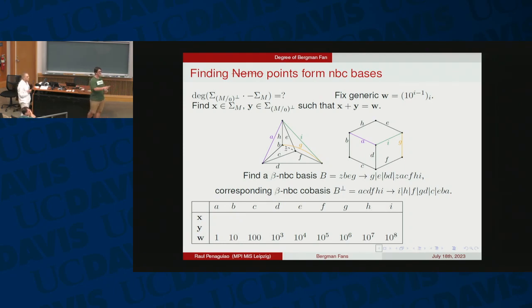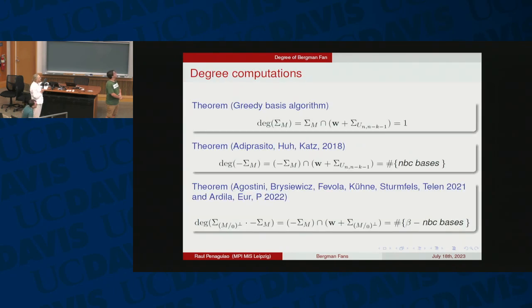Thank you, Raoul, for this nice talk. When you were talking about the minus fan, you were saying flip the matrix. Can you explain that a little bit more? How should I be thinking of the negative fan of the matrix? The question was, how should we be thinking about the negative of the Bergman fan? I presented it without defining it, that's my fault.